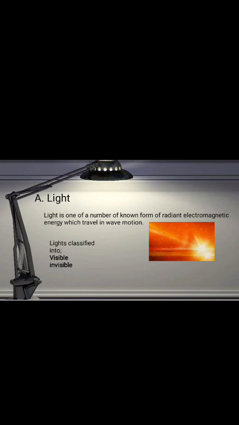Invisible light is light in which the wavelengths are either too short or too long to excite the retina of the human eye, for example, the X-rays, ultraviolet, and infrared lights.